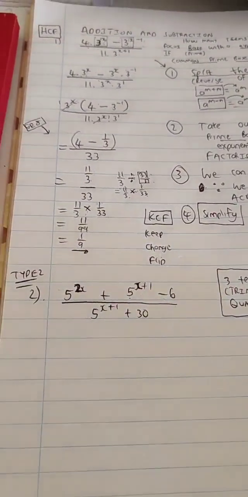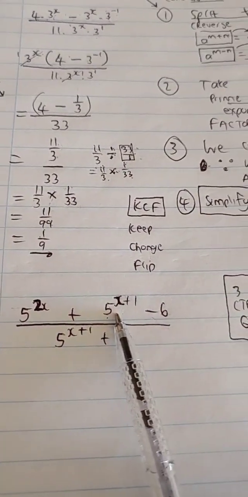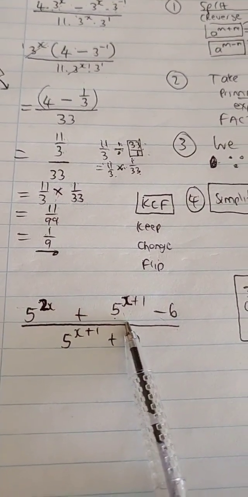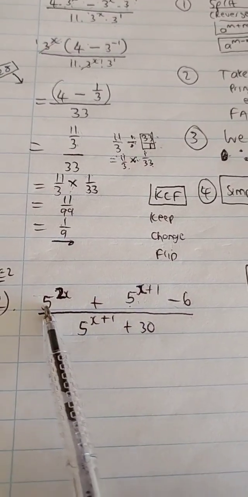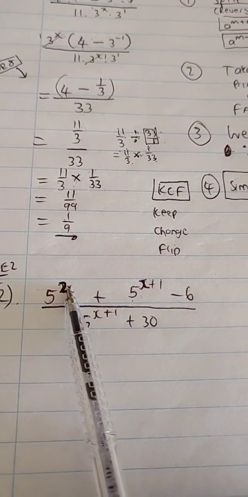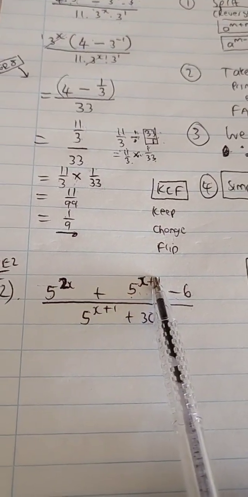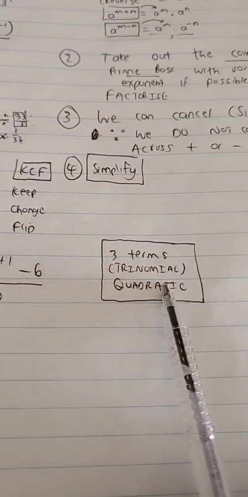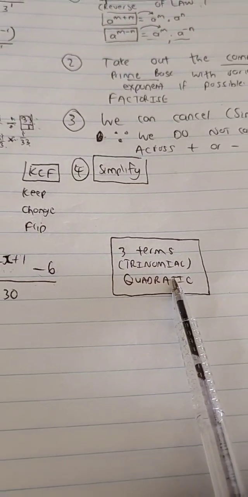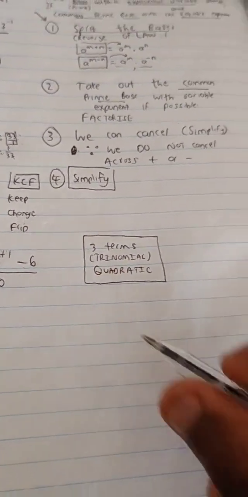Okay, there's something I want you guys to see. 5 to the power 2x plus 5 to the power x plus 1 minus 6 is a quadratic trinomial. How so?